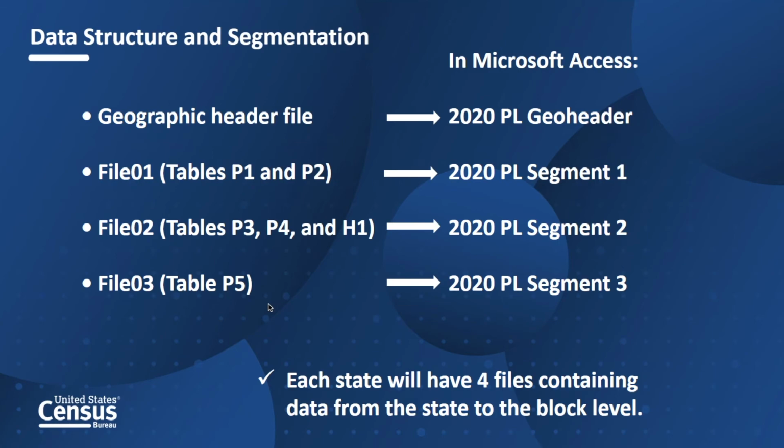So when you're downloading these files, you will be able to select the state you want to download them for. And automatically, it will download the 4 files for you. Once you import the data into a statistical software, you'll be able to use a geographic code to select which geography or summary level you want to show this data for.